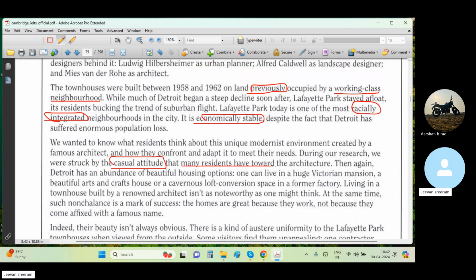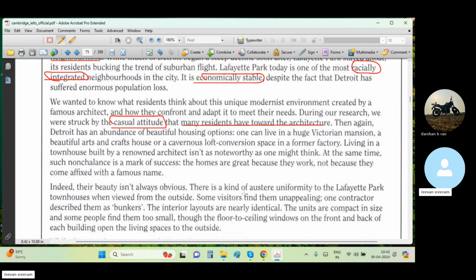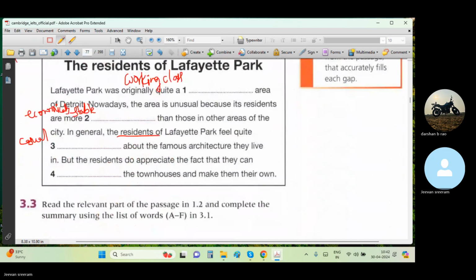Many residents towards the architecture, right? Casual. Casual about the famous architecture they live in, but the residents do appreciate the fact that they can make use of it. Modify it, work the townhouses out, make their own.